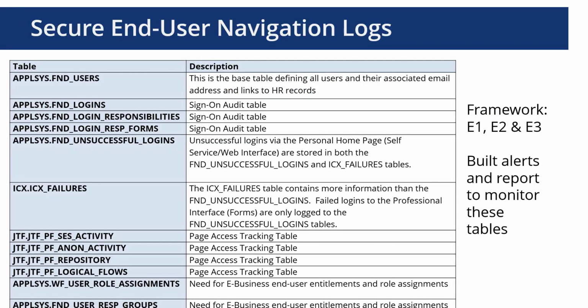So for example, if you've pulled a lever and you're harvesting log information, you're going to want to make sure that nobody's tampering with or altering these log tables for the Oracle e-Business Suite. For example, if somebody has gone in and is trying to erase FND logons, you would want to build an alert. So the recommendation here, for the purpose of today's conversation, would qualify for our framework as some of the E3s.